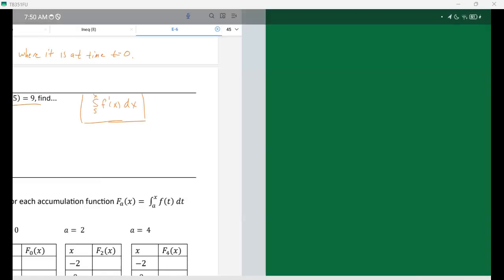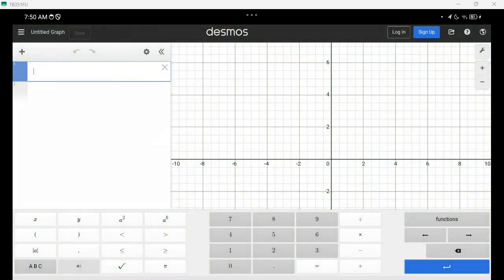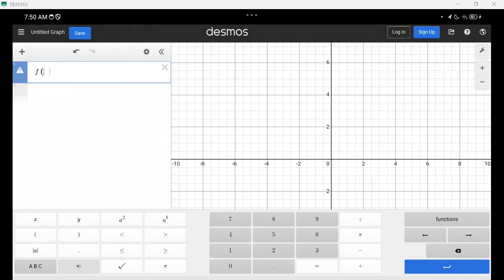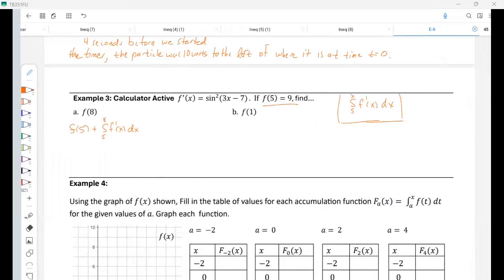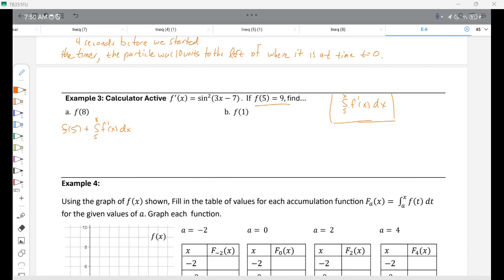I'll go over to Desmos. Unfortunately, I've got to label it f of x. It is sine of 3x minus 7, but squared.